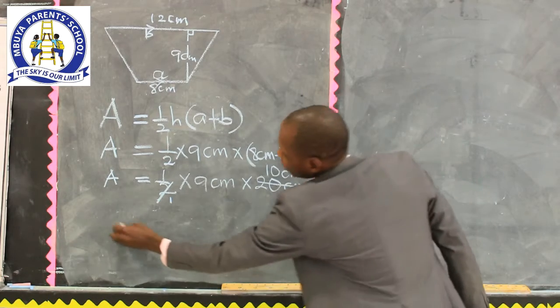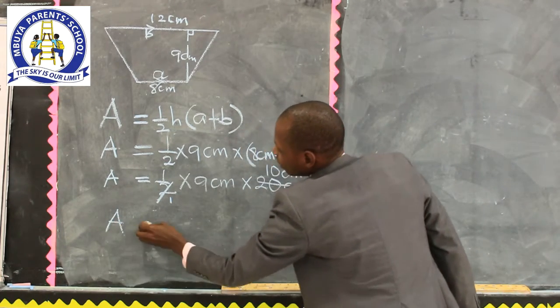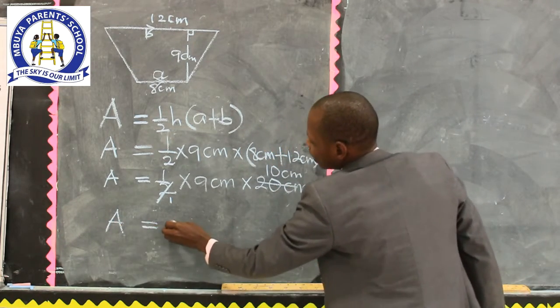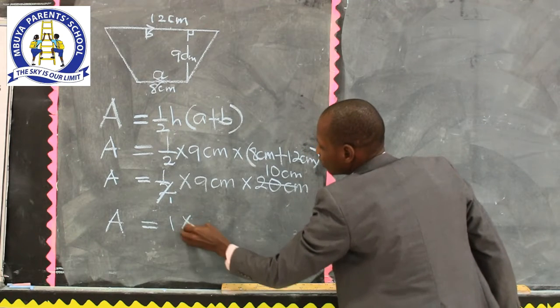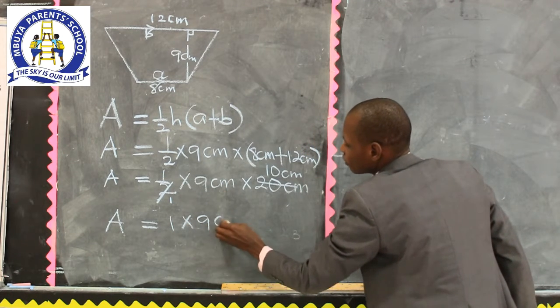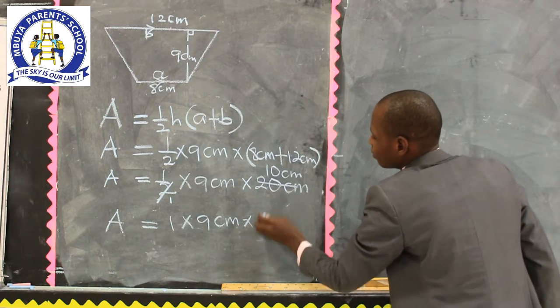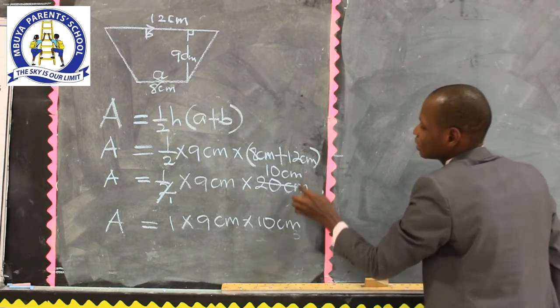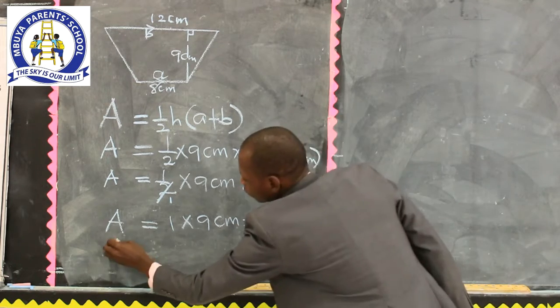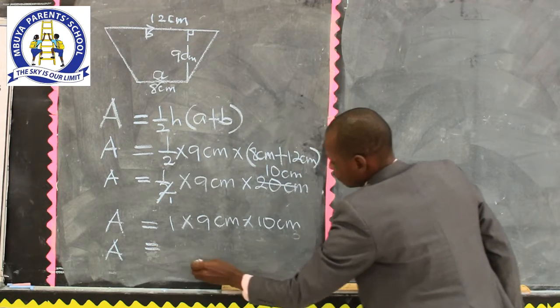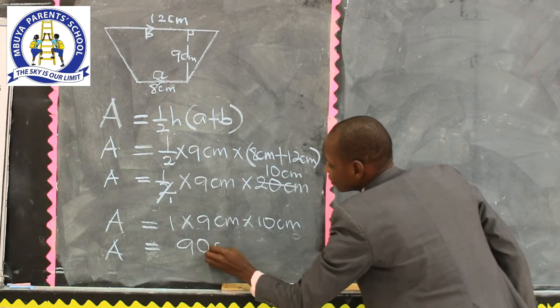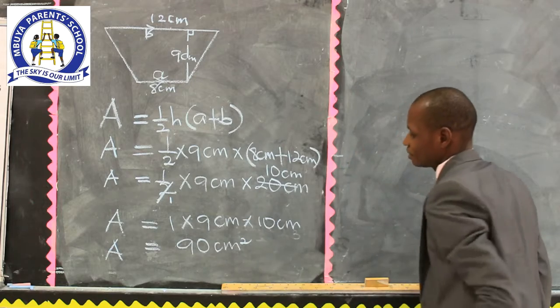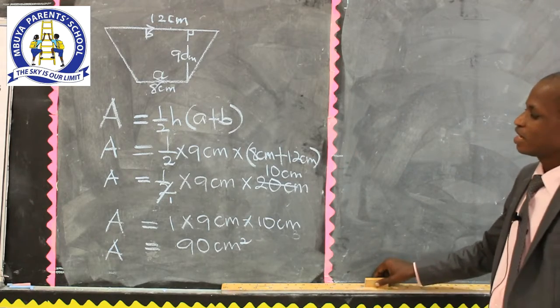We shall go ahead to maintain our A standing for area, which is now 1, this one here, times 9 centimeters, that one there, and finally by 10 centimeters, this one here, which will, of course, at the end, give us 90 square centimeters as our area for the trapezium.